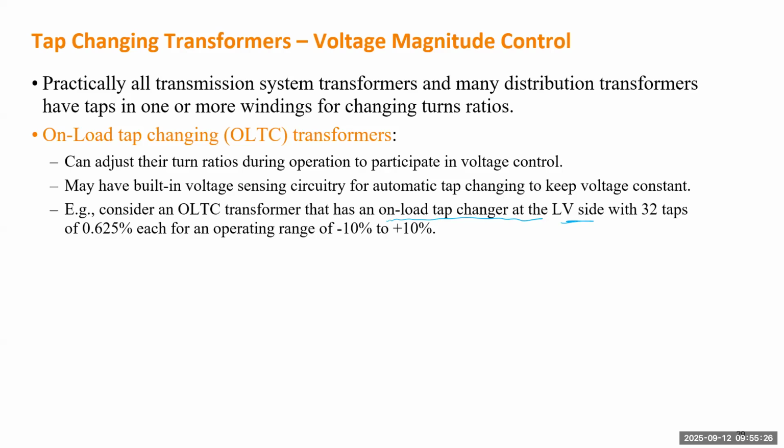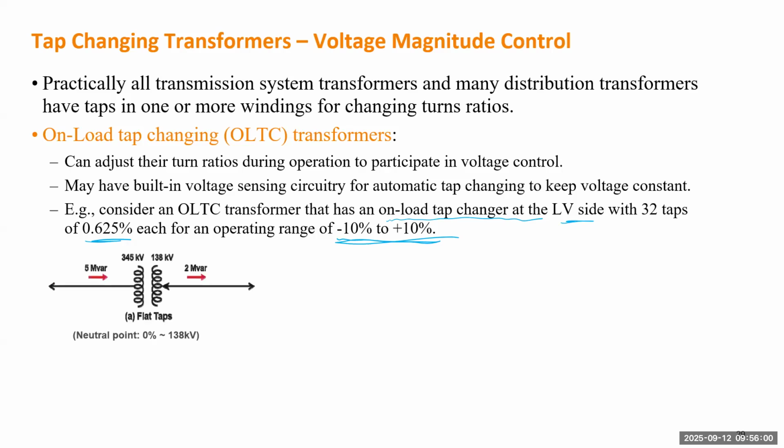Each time you move the tap, it will change the voltage by about 0.6%. So in total, you can expect to change the voltage by positive or negative 10%. For instance, if the secondary side is 100 kV, you can vary the voltage between 90 and 110 kV.